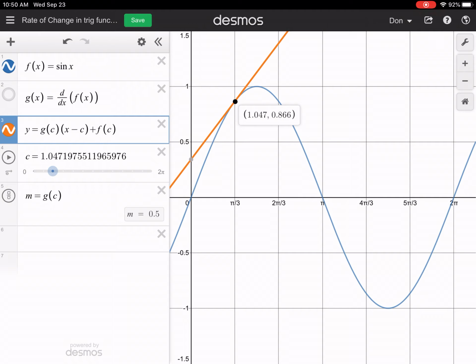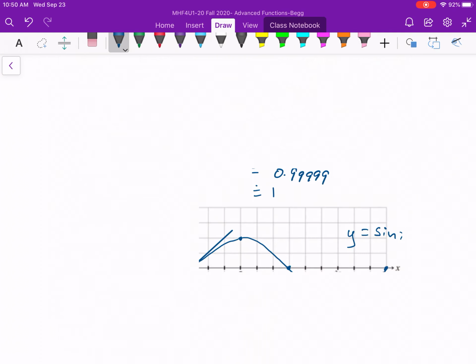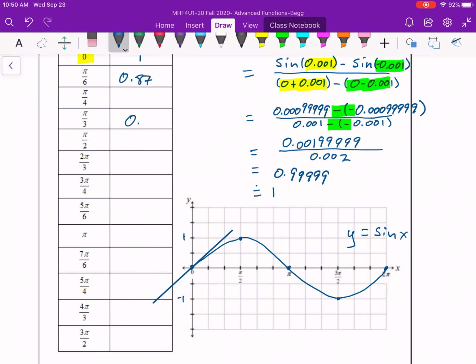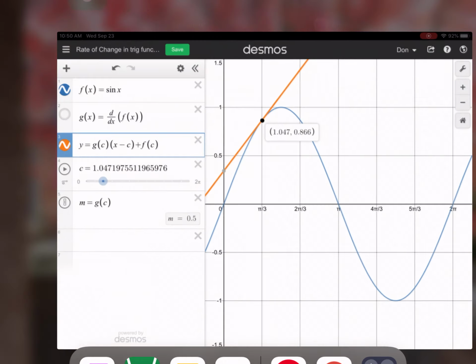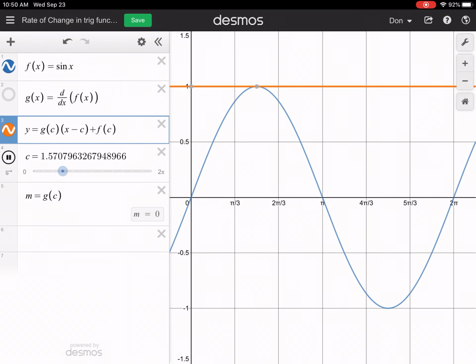Nope, sorry, I'm looking at the wrong place. I was looking at the y coordinate. I've got to keep my eyes on the slope, which is in line 5, m equals 0.5. So 0.5 for this one. Again, skipping over pi over 4 for now. Let's try pi over 2. Now you can see that it's a perfectly horizontal tangent line, which means it's got a slope of 0.